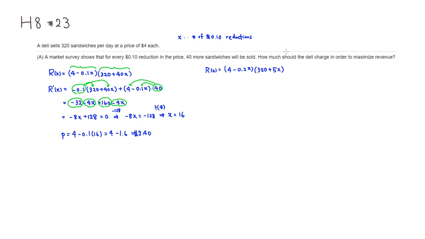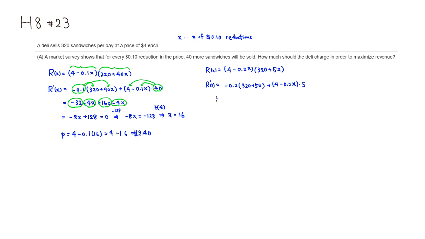Let's find the derivative, R prime of x, using the product rule. The derivative of the first is negative 0.2 times the second guy, plus the first, 4 minus 0.2x, multiplied by the derivative of the second, which is 5.